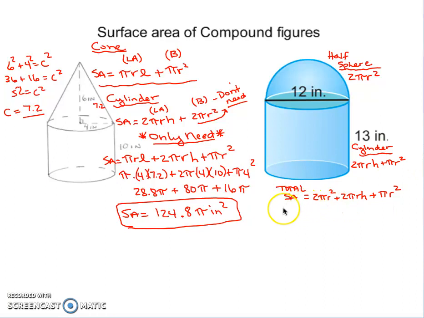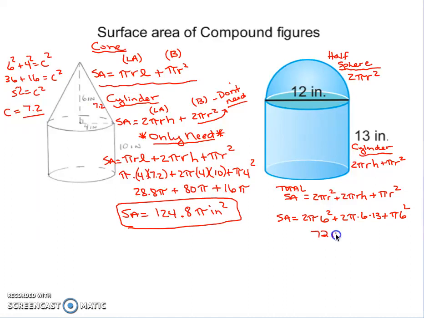So when we plug in our values here, we would have surface area equals 2 pi, and our radius is half of that, so it's 6 squared, plus 2 pi, again our radius is 6, times 13, which is our height right here, plus pi, our radius is 6 squared.